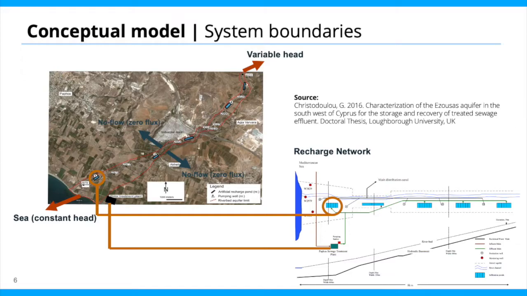Now, regarding the uppermost boundary condition, we are again using the CHD boundary condition, the time-specific hydraulic head condition, and the values for this boundary condition are determined based on observations of a nearby well. Now, in the current video, we are going to focus on the steady simulation.